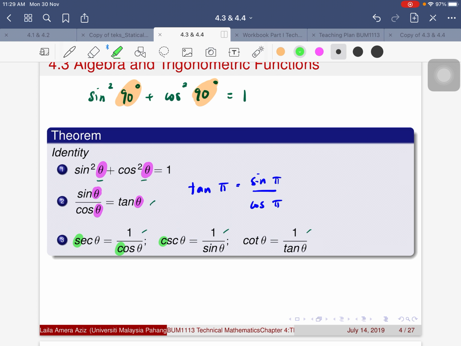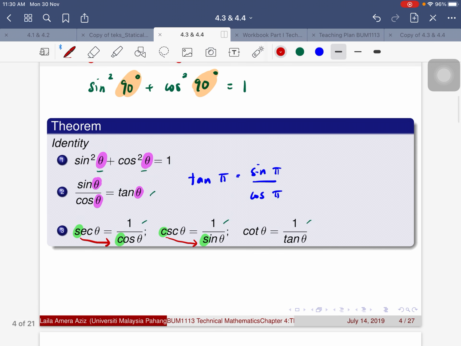When this is c, the other one is going to be s, so it will be a different alphabet at the bottom. S becomes 1 over cos, C becomes 1 over sine. That's how I remember them. They are always going to be the opposite. Secant is not 1 over sine, it's 1 over cos. Cosecant is not 1 over cos, it's 1 over sine. These are very basic elementary trigonometric functions that you should know.